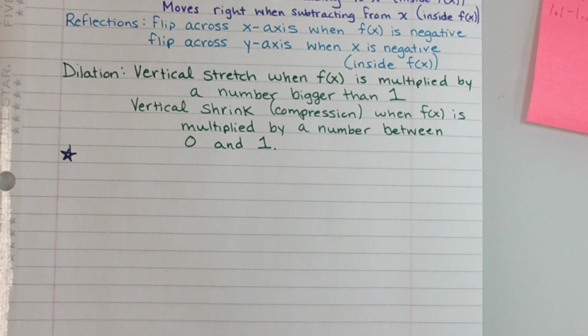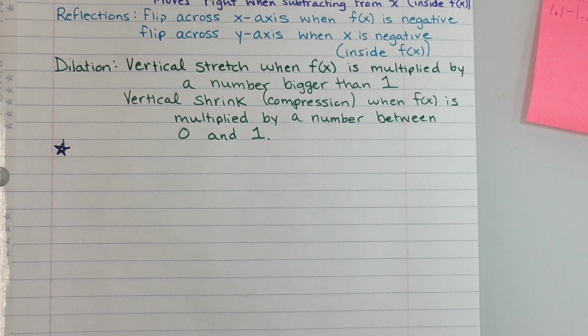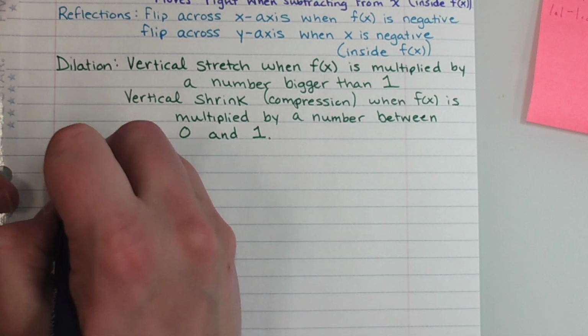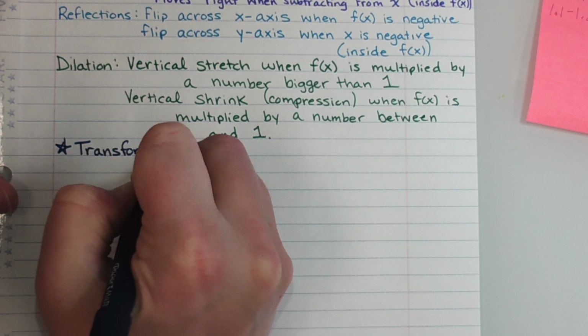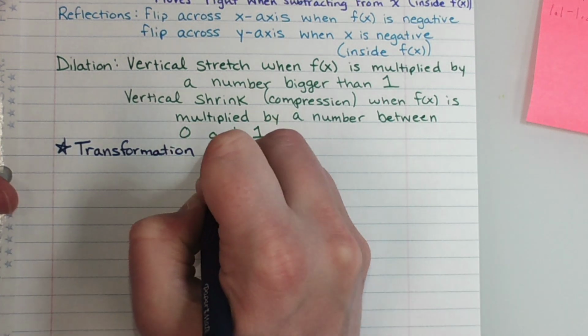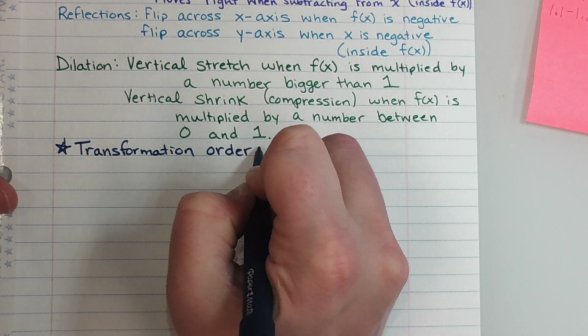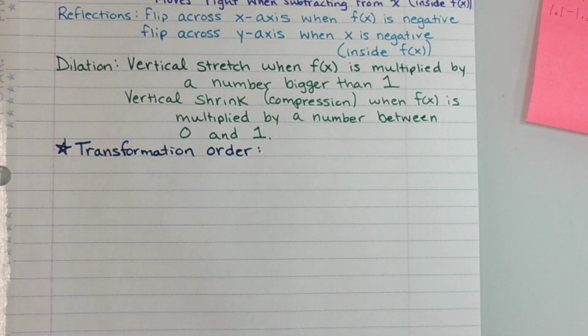One last quick note before we get to the brass tacks, the basics of what you're going to be asked. When it comes to doing these transformations, order can matter on what the graph is going to look like.